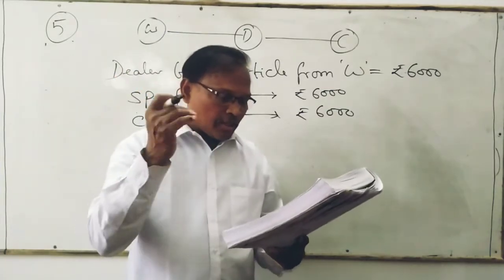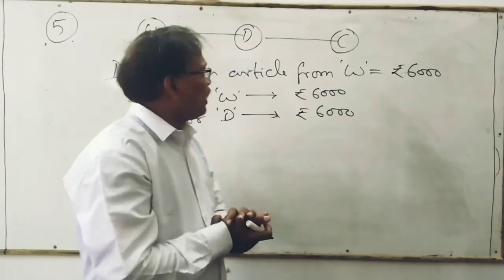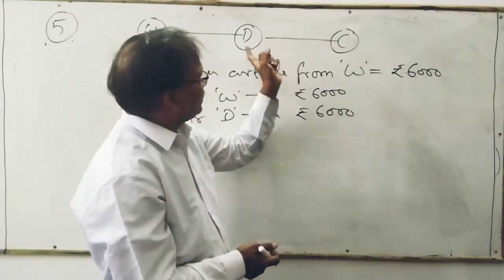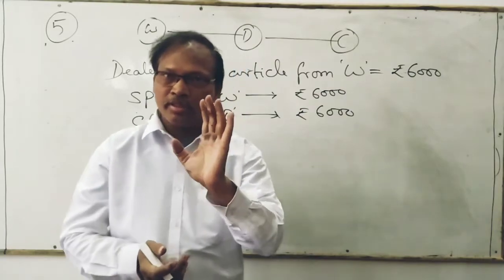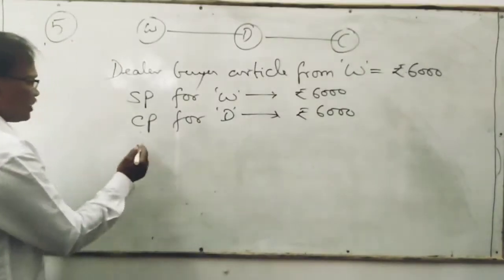The dealer sells the article to the consumer at 15% profit. अब dealer ने क्या किया कि he sells the article to the consumer. How much profit he took? 15%.